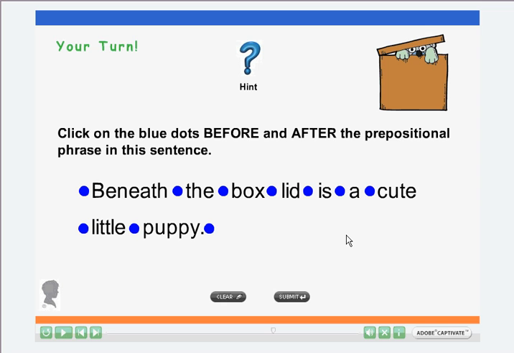Now try another sentence. Beneath the box lid is a cute little puppy. Click on the blue dots before and after the prepositional phrase in this sentence.